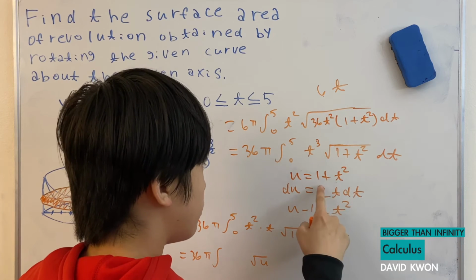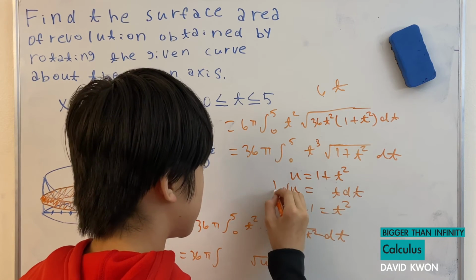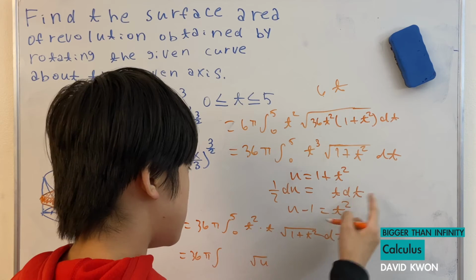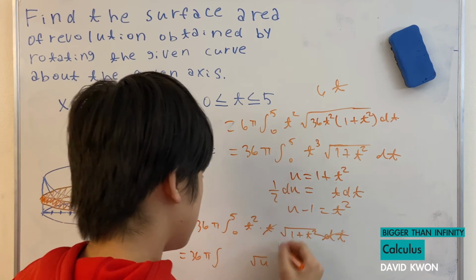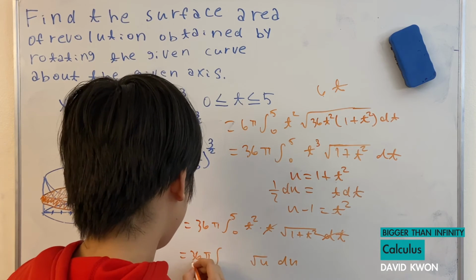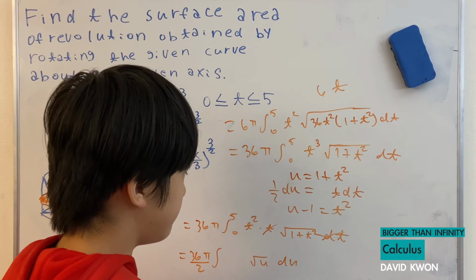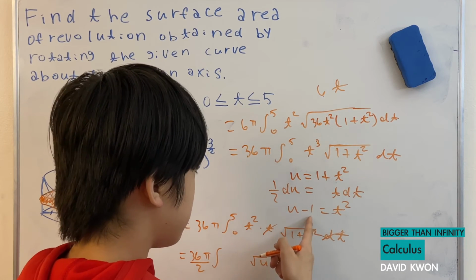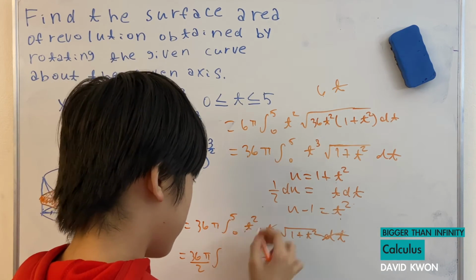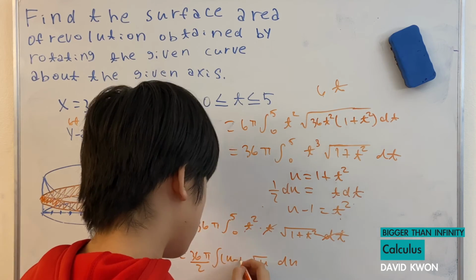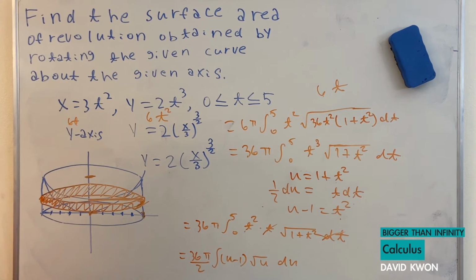And from here, I will divide by 2 on each side. So t times dt, this and this cancel out and are replaced by du, and the 1 over 2 can come up here because that's the coefficient. And t squared is now u minus 1. Now let's solve for this. We are so close.